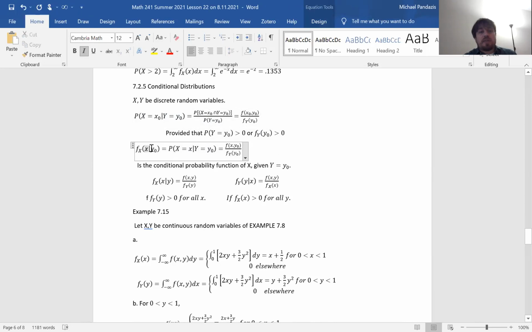You can just write little x, y naught, where it's understood that little x is a value of capital X and y naught is a value of capital Y. We're matching our lowercase letters with our capital letters, and so we're good.